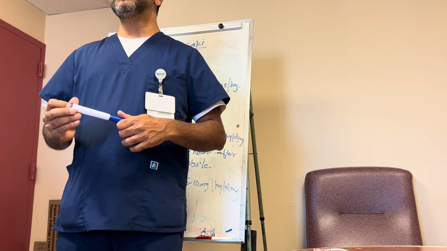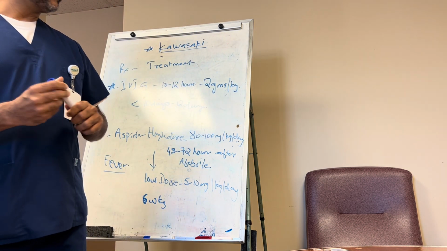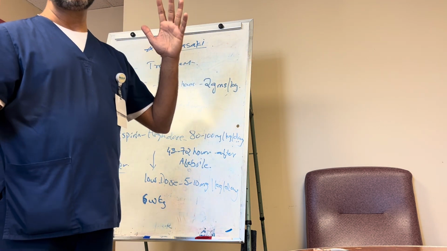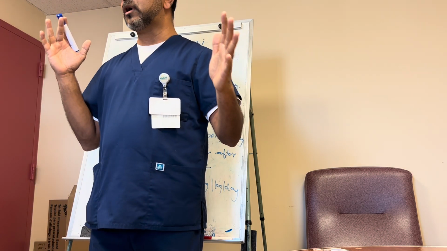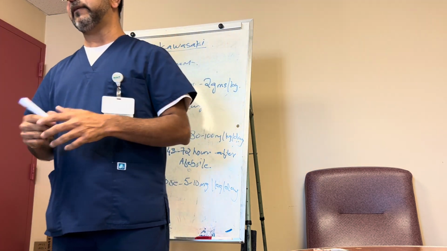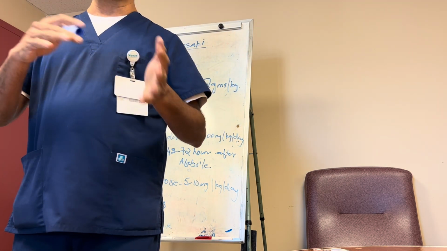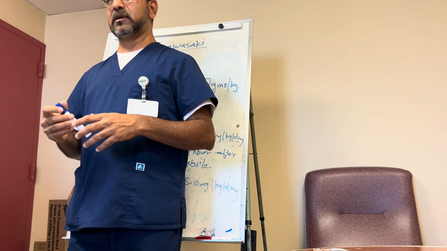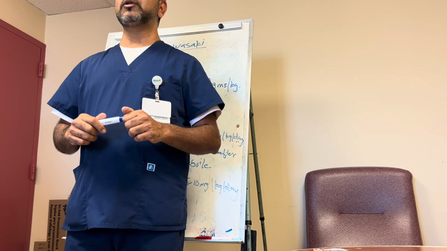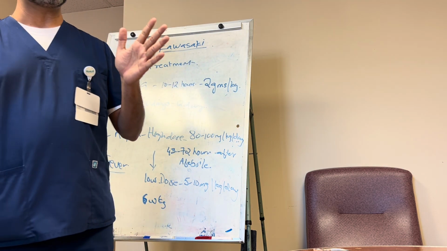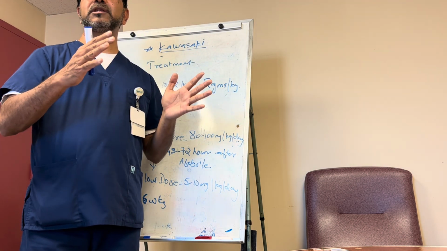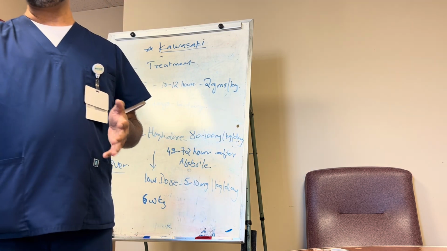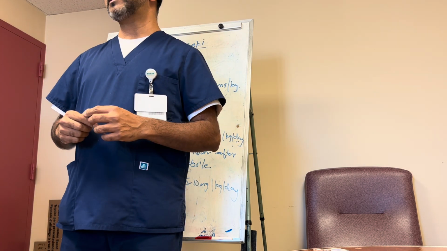So also remember, we talked about the age range. Which age range is more commonly seen? 2 to 5. So can anybody before or after this age range develop Kawasaki? Yes, definitely. Just because it's more common in this age group doesn't mean kids younger than this or older than 5 or 6 years of age can't get it.